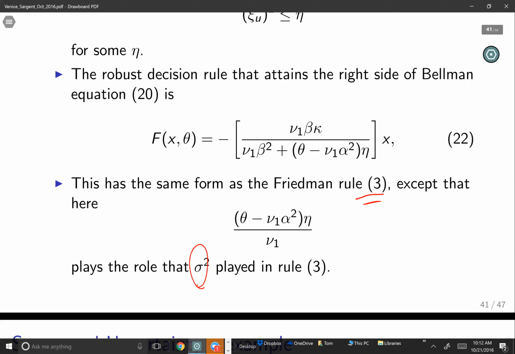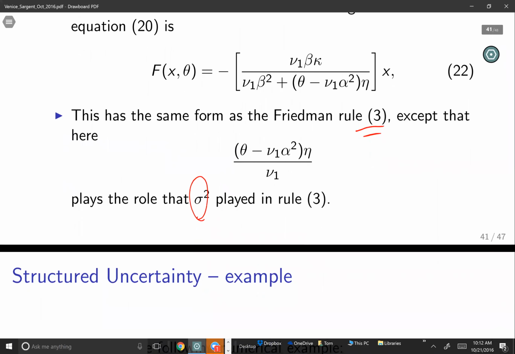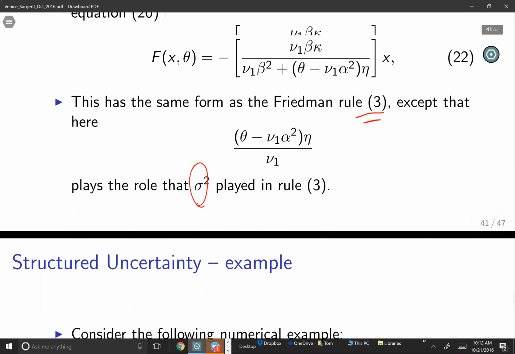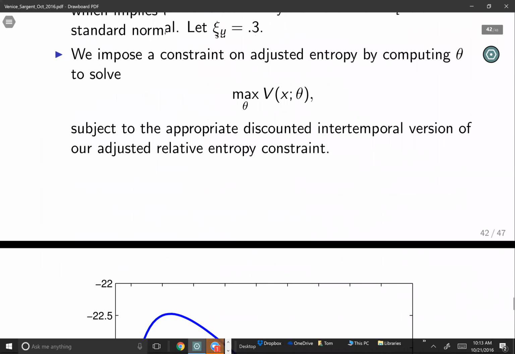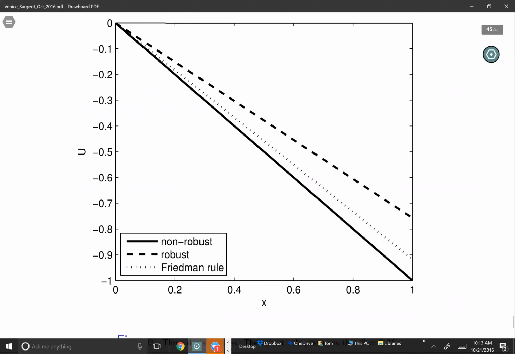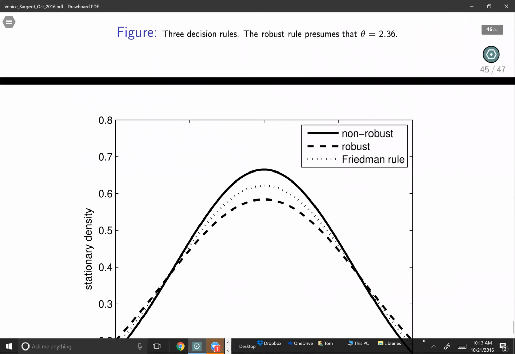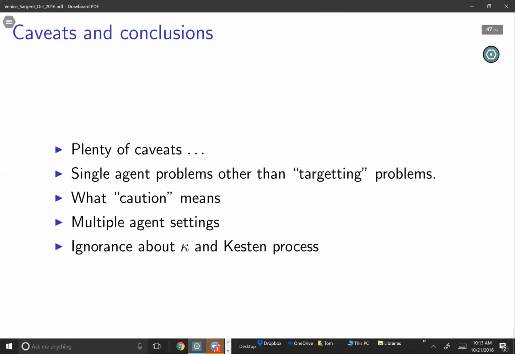Okay, so for us, Friedman's model is a natural laboratory. I'm just going to flip to my conclusions.